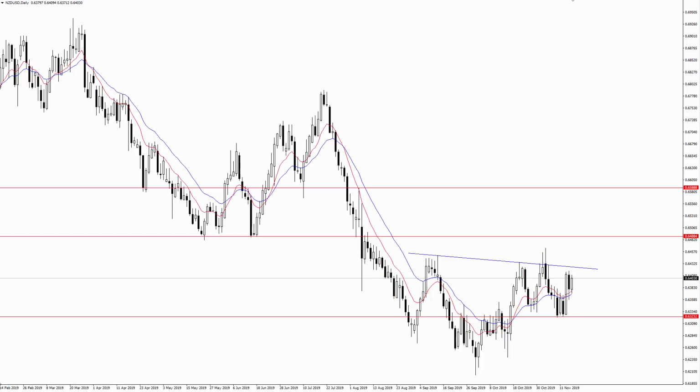So just because this low formed recently does not mean that this potential inverse head and shoulders is negated. So a lot of times these patterns are not always clean, and they do get a little bit messy before they are confirmed.